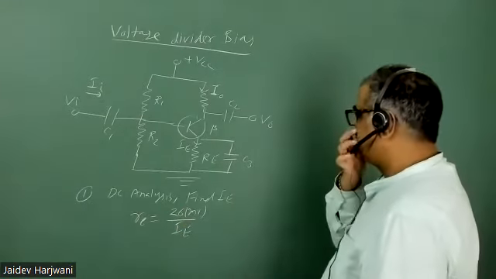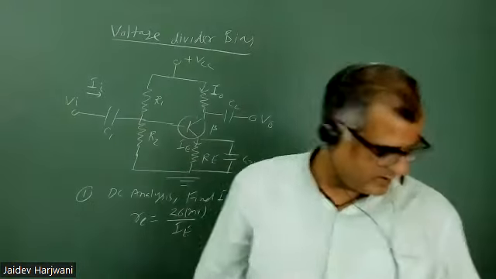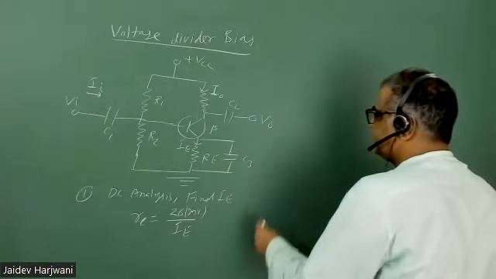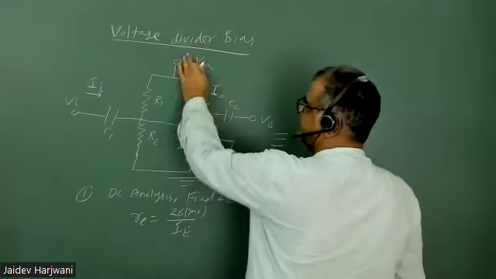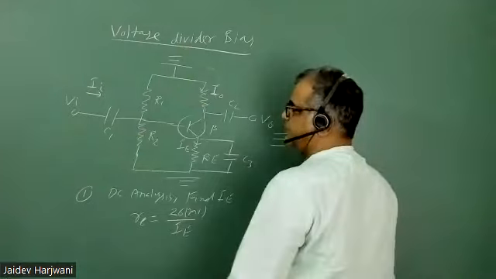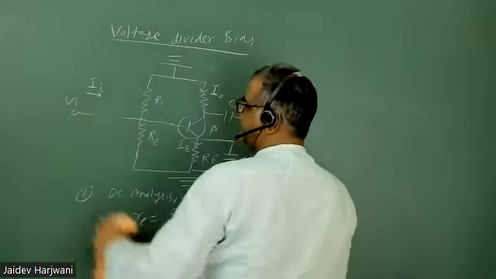Now I'm doing AC analysis here. What is the first step for AC analysis? The first step is to make VCC ground, and this is a short circuit because this is the AC analysis.